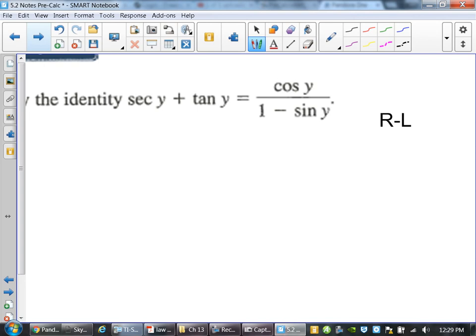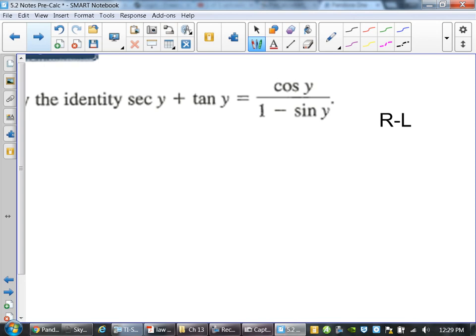If you have secant plus tangent, those guys both have the same denominator, 1 over cosine, sine over cosine. So it would have just been 1 plus sine over cosine. That really doesn't get you anywhere. Sometimes it might be more beneficial to work from right to left. It doesn't happen very often, but sometimes the more complicated stuff is on the right.